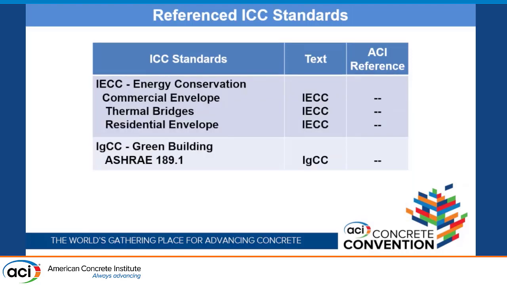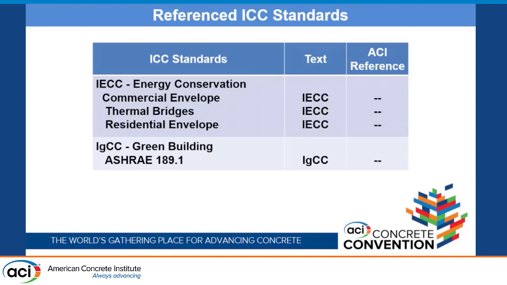And then there's Committee 122, as I mentioned. They have several documents they're developing that are applicable to the International Energy Conservation Code. While that's a code, it follows the ACI standards development process in lieu of the code development process, as is true with the International Green Construction Code.